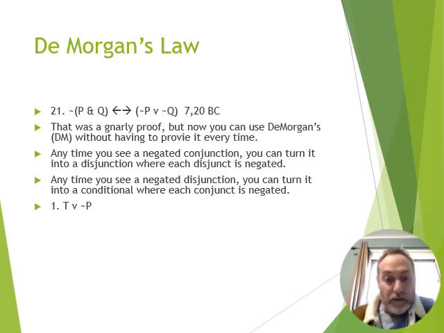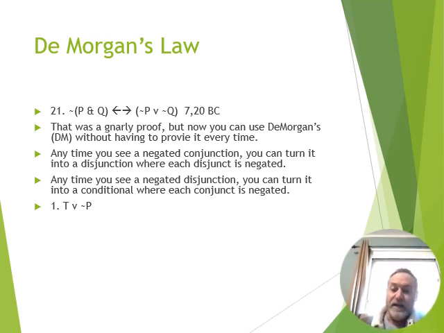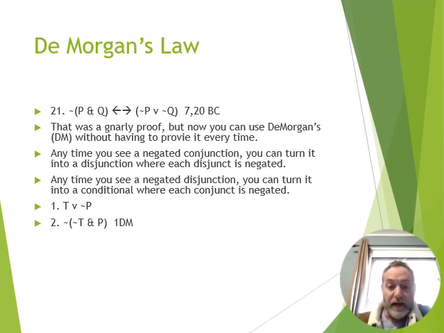So, here you have a disjunction. You could use De Morgan's, this one is T or not P, right? So here, not both of the disjuncts are negated, but that's okay. I can turn it into this conjunction. It's a negated conjunction where, notice, each of the conjuncts is the negation of the disjuncts that it came from, right?